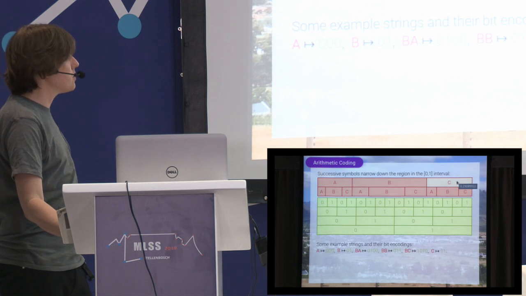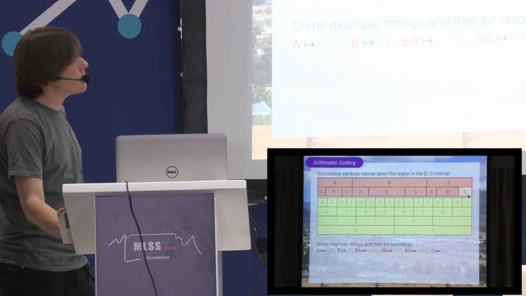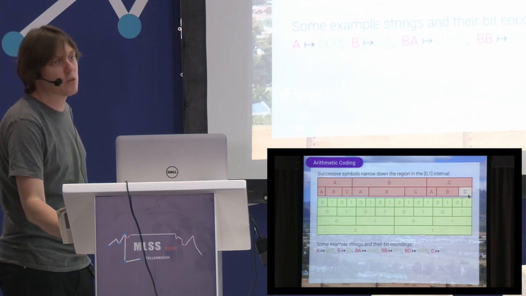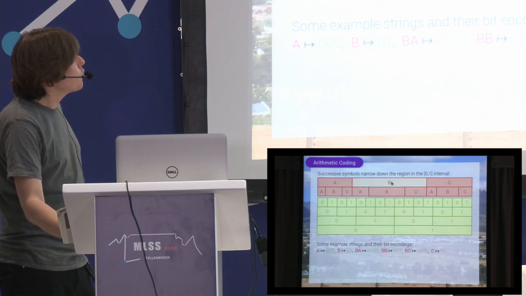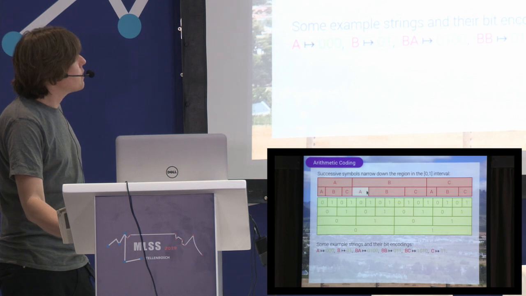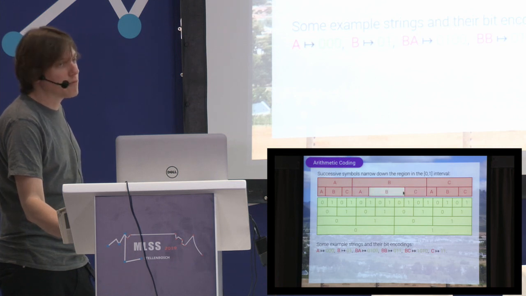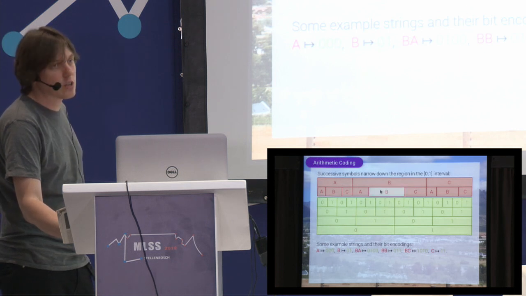In Huffman coding, we would have to form the probabilities of all the bigrams, right? So we would have 9 things to work with here, and then we have to construct a full tree over those 9 things. But here, what we do instead is we take symbol by symbol, and we work out the boundary of the interval, essentially the left and the right half. And after that, we figure out the shortest bit string that lies in that region, and we're done.